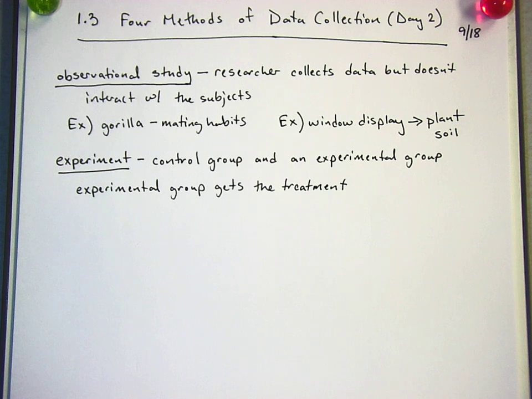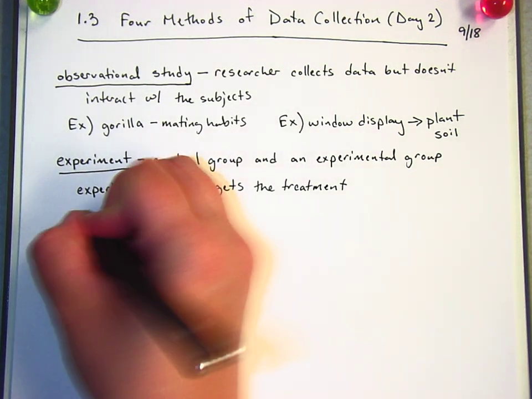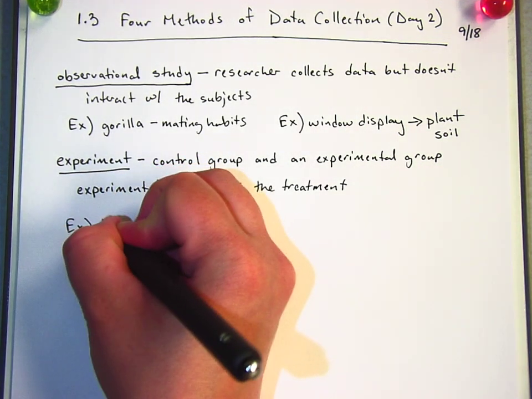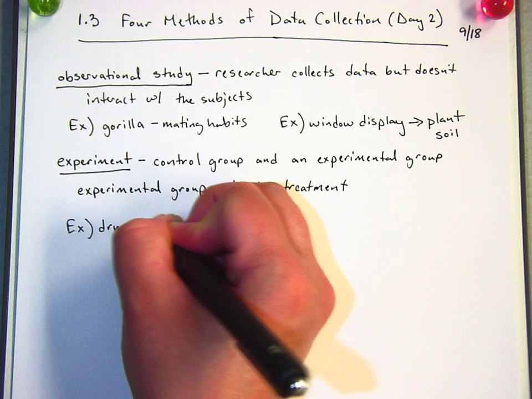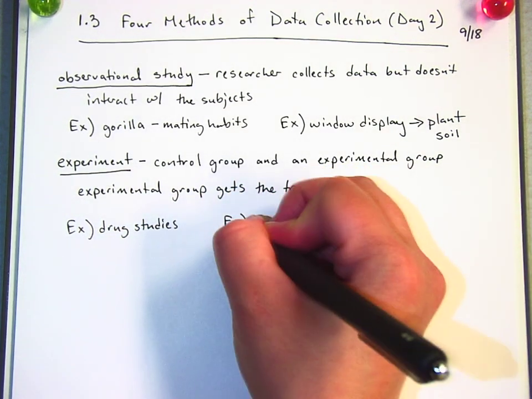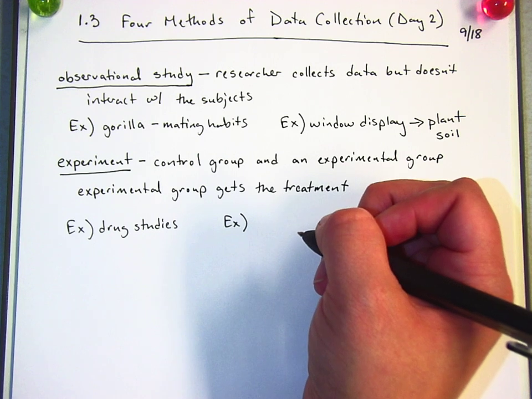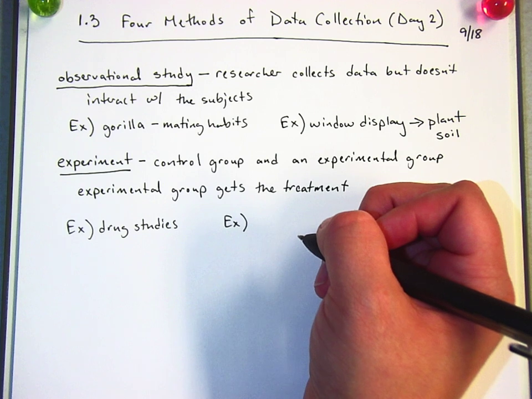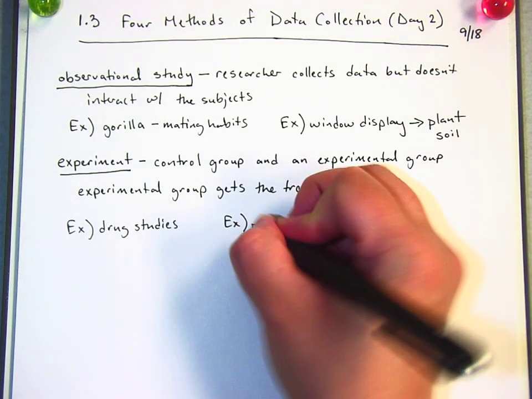So this one you are interfering. You're interfering a lot. This is any kind of drug studies that are done. Or it's another example I can give you. Perhaps a psychological study.